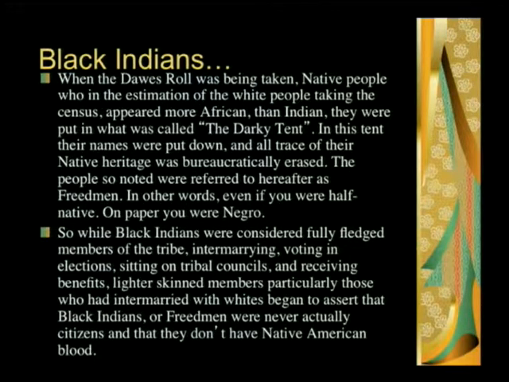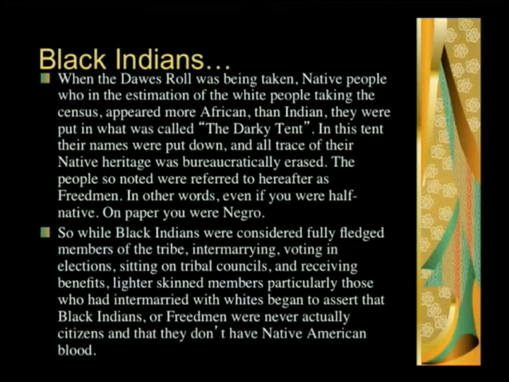Now, part of why they were doing that was economic. So if the black freedmen have been with your tribe longer than the blonde-haired, blue-eyed Indians, what basis are you kicking them out on?